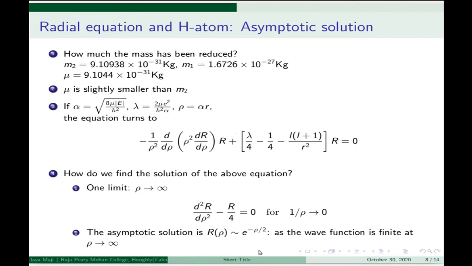But as the wave function has to be finite for rho tends to infinity, the accepted solution is e to the power minus rho by 2, and this solution is for the limit rho tends to infinity.